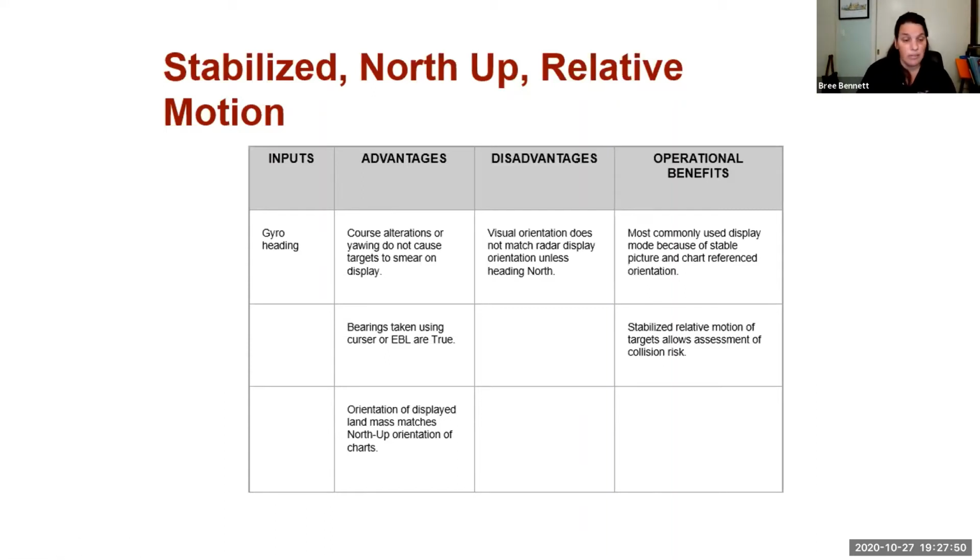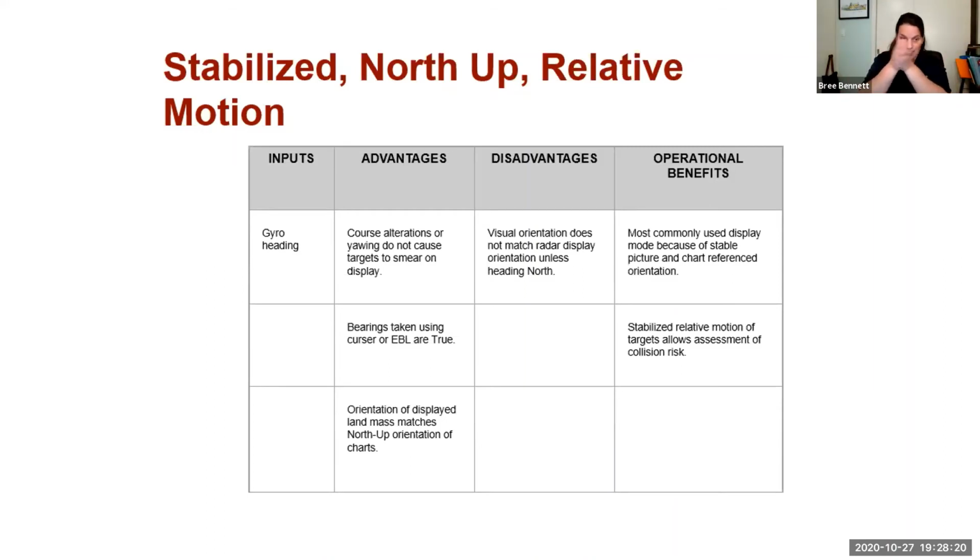So the great things are that our EBLs are all going to be in true, and we're going to match up with our charts, so it'll be easy to see. The only disadvantage is it doesn't match with what you're looking at out the window. So if you are headed south and you see a blip on the right-hand side of the screen, when you look out the window, it's going to be to the left because you are headed south.